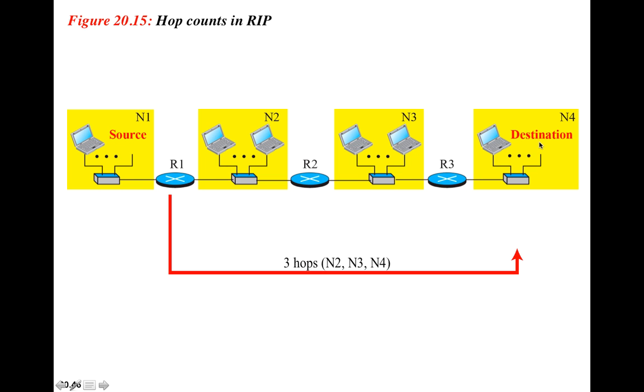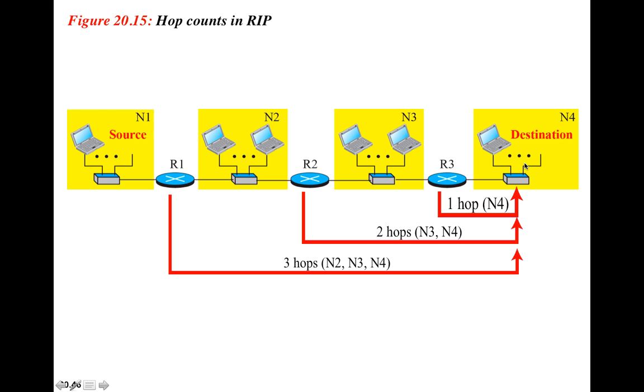Similarly, it'll be 2 hops from R2, N3, N4, and 1 hop from R3 to the next one, which is N4. This is something you have to remember, that this is still considered 1 hop. But in this case, there is no next router. It's a hop in distance, but there is no next router.